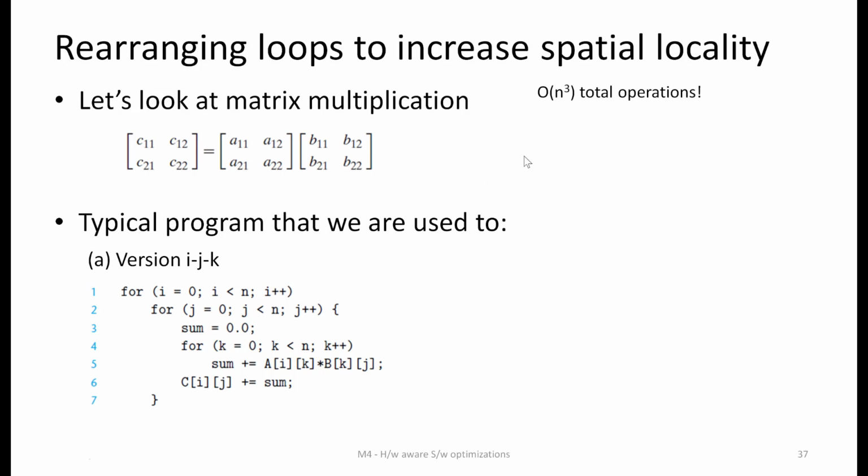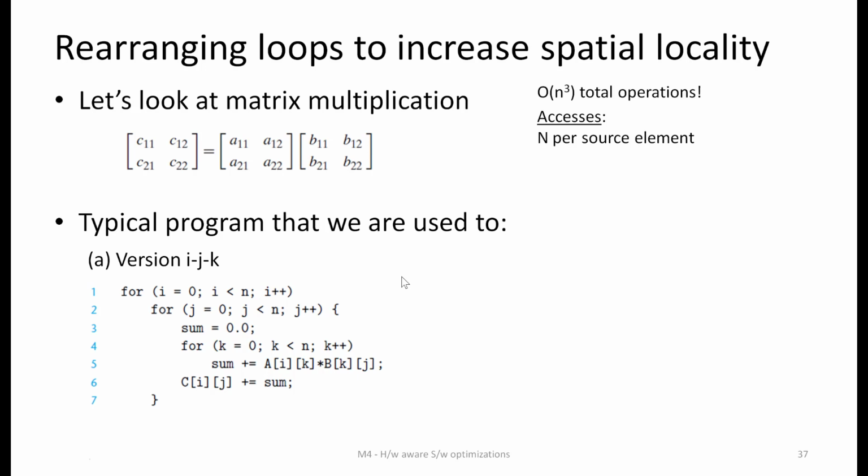The order of this matrix multiplication is n power 3. We would need to access the elements of A and B and access the elements of C every time.